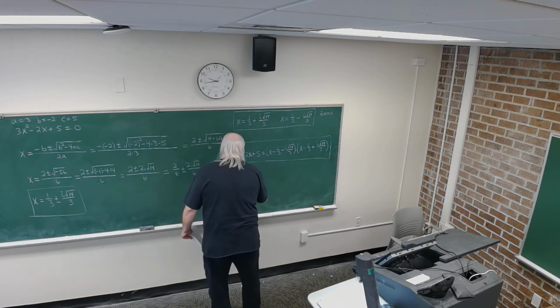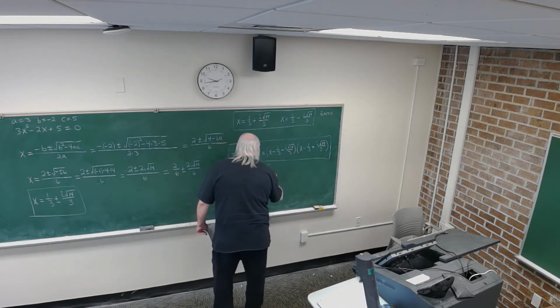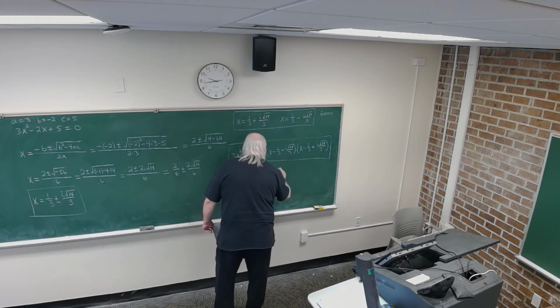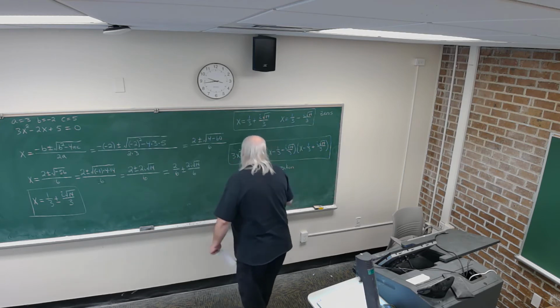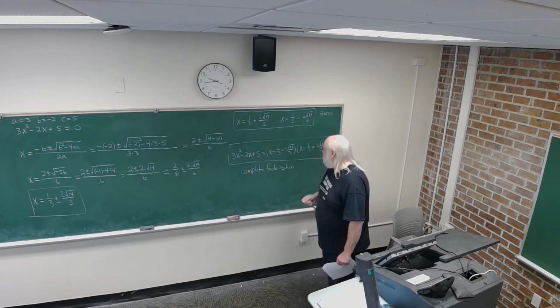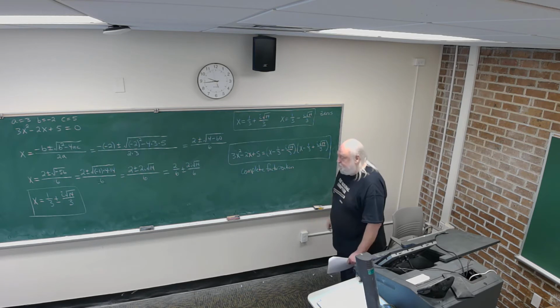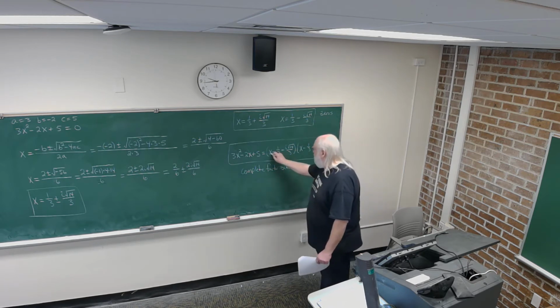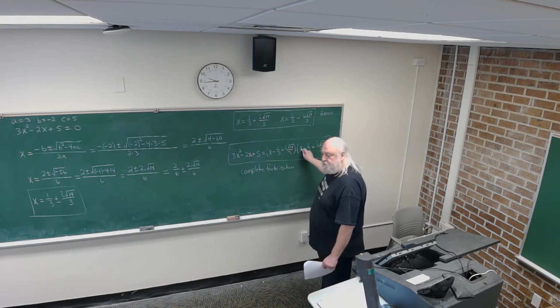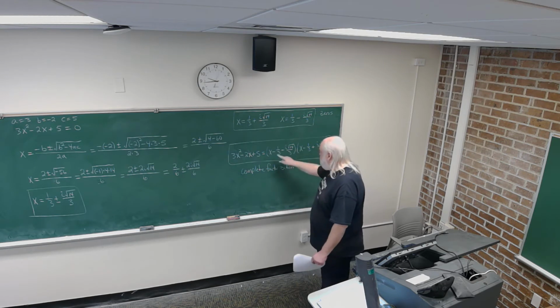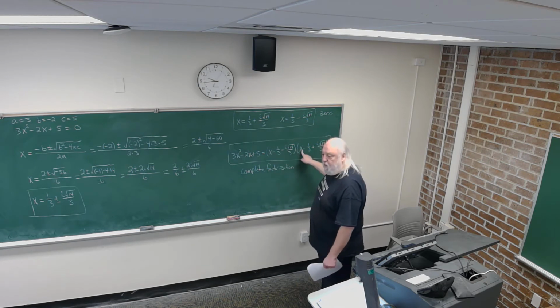This is the complete factorization of this quadratic 3x squared minus 2x plus 5. You know what? There's a small error. When we multiply x times x, if we were to expand this, we get x squared.